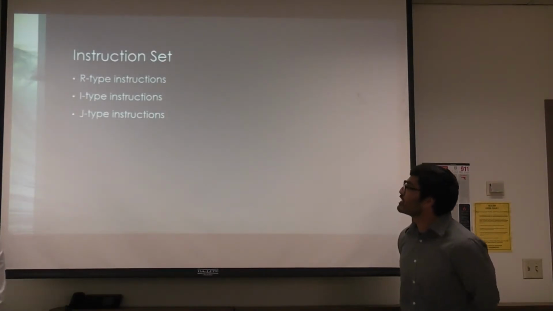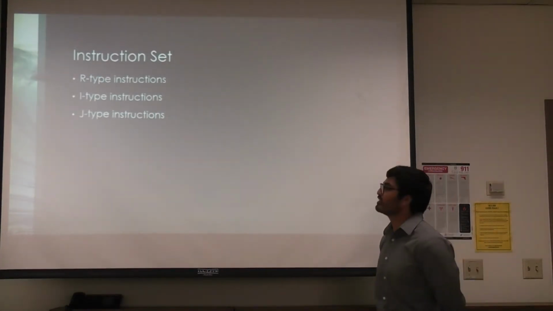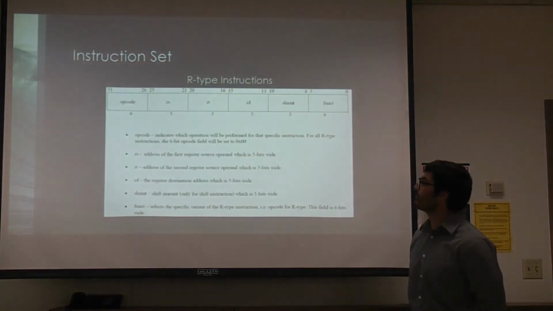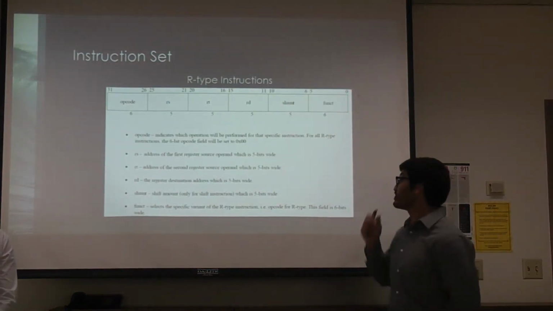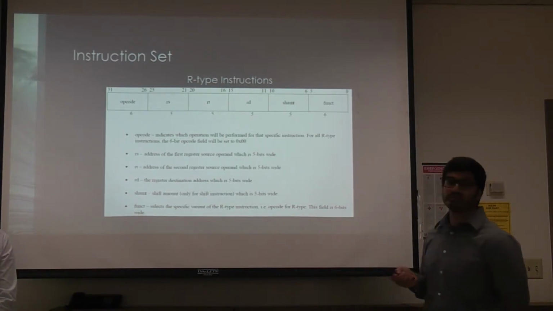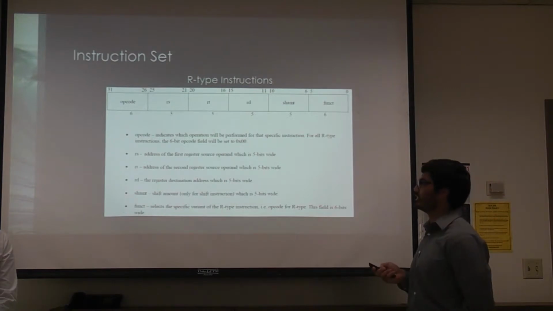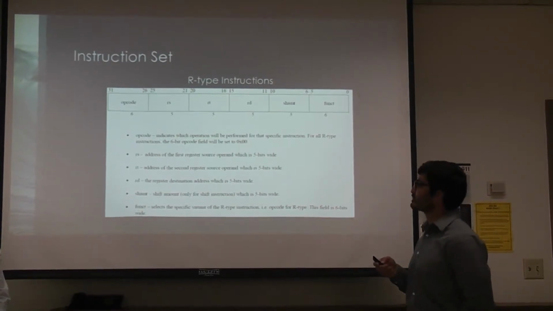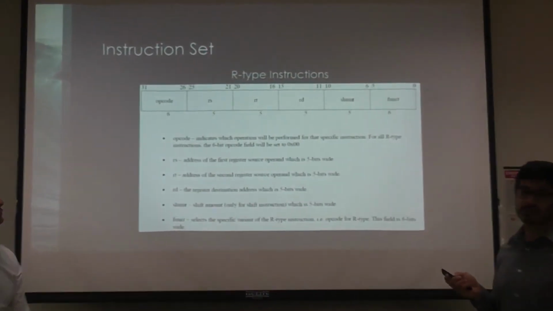Instruction sets. We have R-type instructions, we have I-type instructions, and J-type instructions. Here's the format for R-type instructions. We have the opcode, which is always going to be 0 hex. We have RS, the address of the first register source operand, which is 5 bits wide.